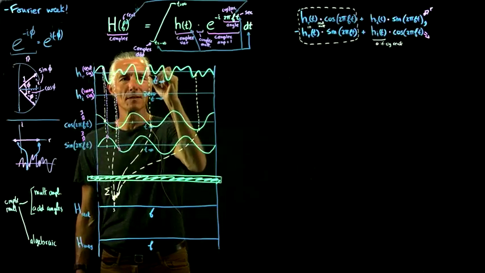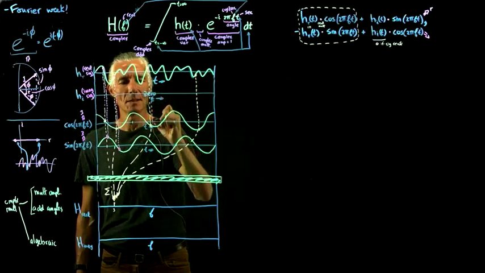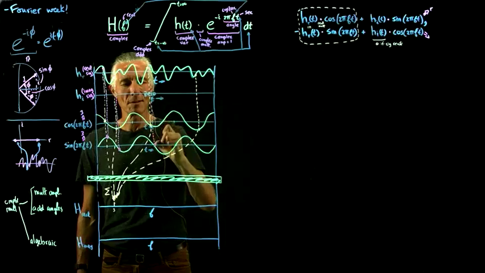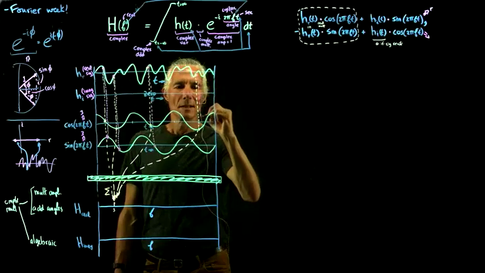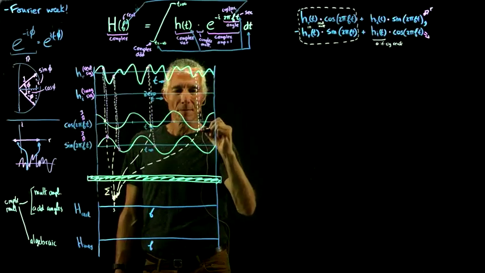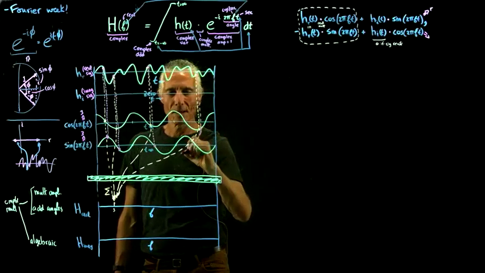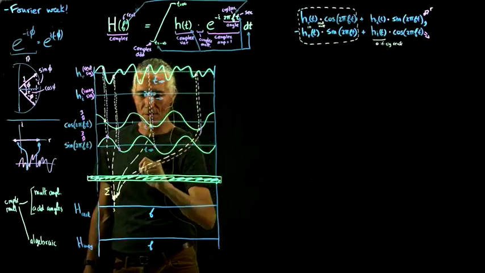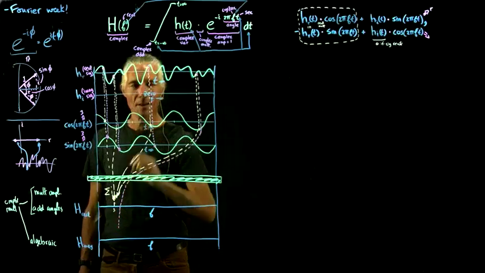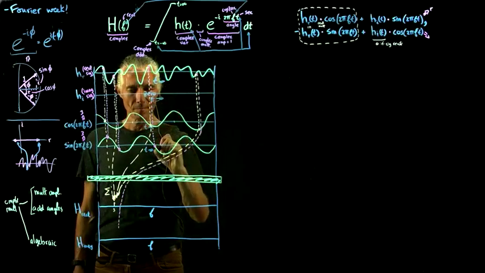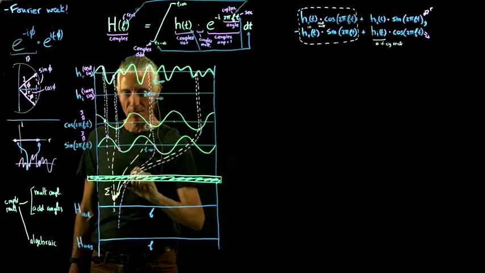Same for over here. And then sum the whole mess up. I'm just doing 4 of them, but you've got to do hundreds of them. Sum the whole mess up, and you get another sum.